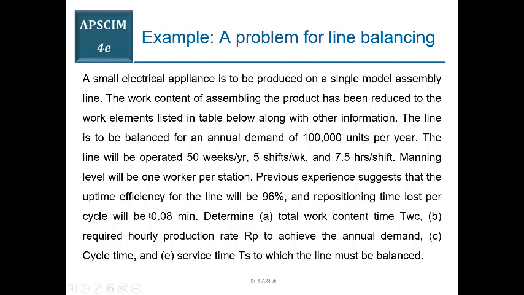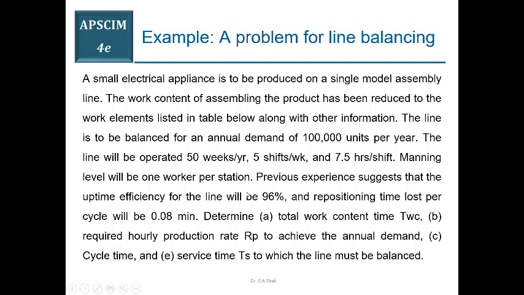So 0.04 जो है वो डिलेज हैं आपकी. Repositioning time lost per cycle will be 0.08 minute. So repositioning time भी given है, TR. तो लास्ट वीडियो अगर आपको याद हो तो उसमें मैंने आपको बताया था कि if the repositioning times are given, then you will have to subtract that from the theoretical cycle time of the system, जो कि TC होगा, जो कि आप फाइंड करेंगे.